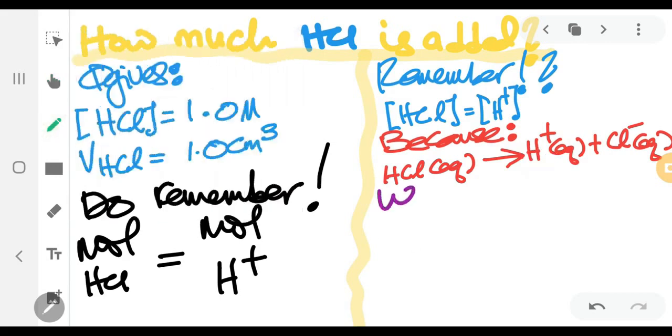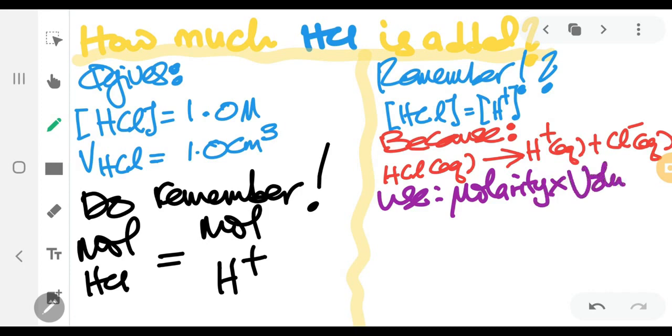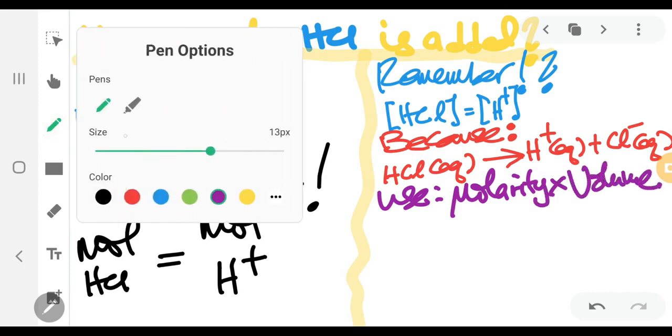So we're going to be using the same formula, molarity times volume.